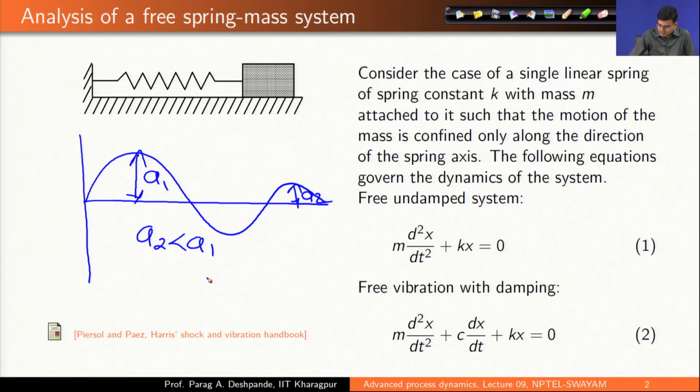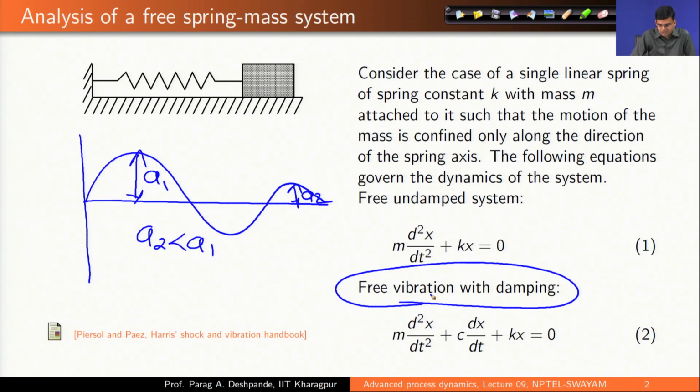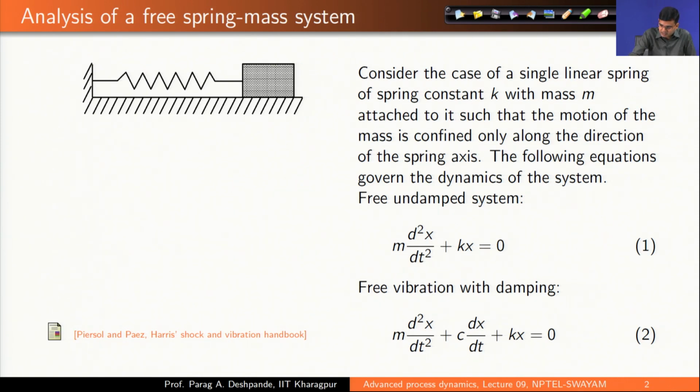Such cases are called free vibration with damping, free vibration because you are not providing the system with any external force. So, let us see if we can analyze the dynamics of this system.